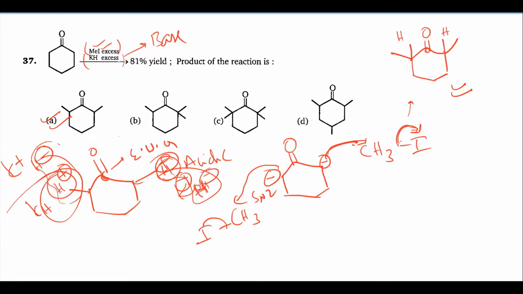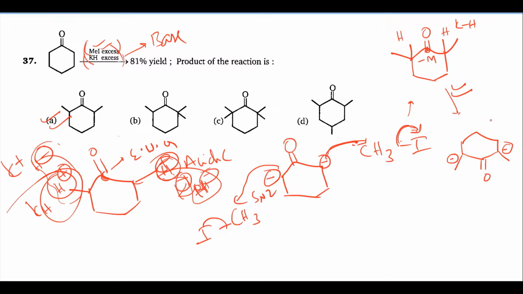Again an electron withdrawing group is there, like a minus M effect group. Okay. Again base is added. Again you are going to get negative charges here and here. Again this is excess, because both are in excess, that's why further reactions take place.